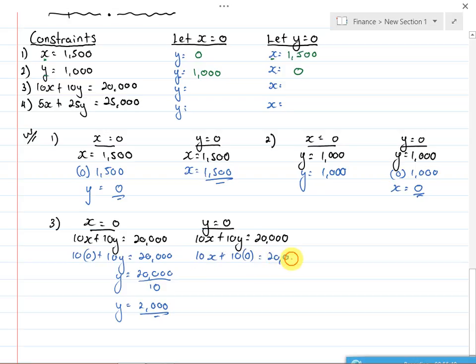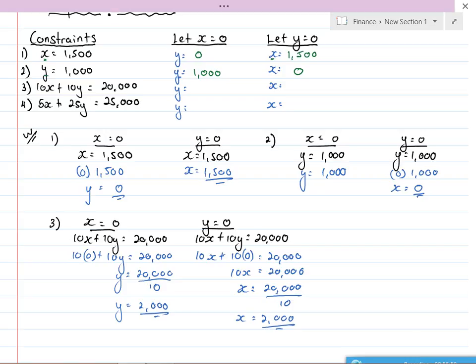So left 10x equals to 20,000. X equals to 20,000 divide 10, x equals to 2,000. So here both answer going to be 2,000.